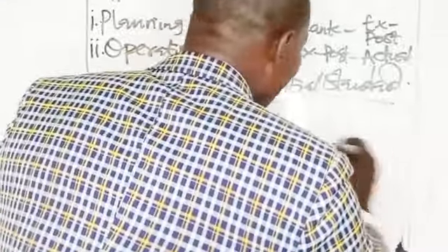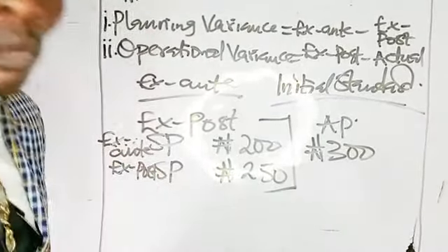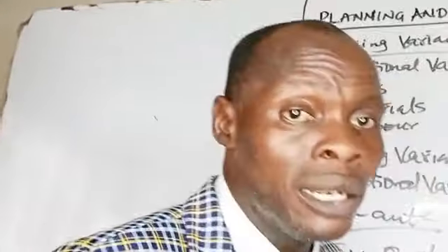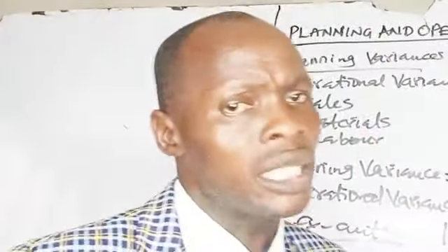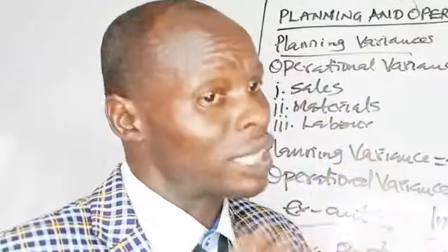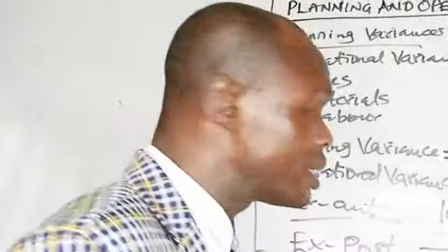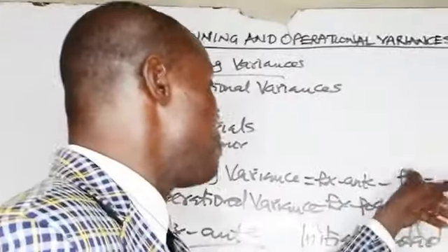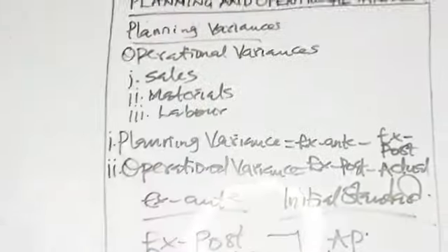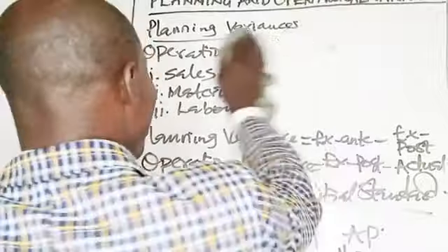This is the actual price of the marker. The two terms are used for standard. There is no actual among the two. So remember, I've told you that the planning variance is simply ex ante minus ex post. So you can compute material price planning variance.